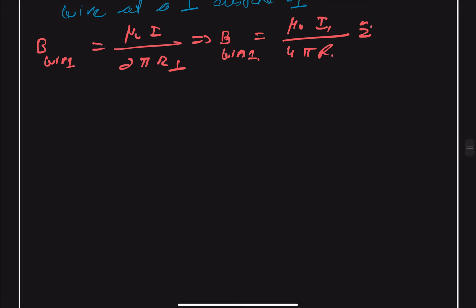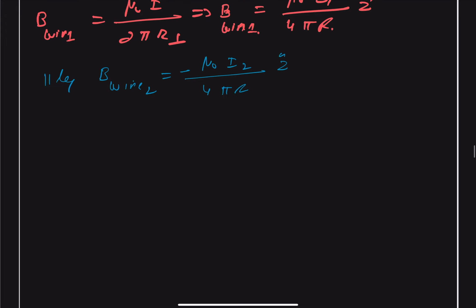So we can say, similarly, because of wire 2, this will be mu naught I2 upon 4 pi r, and this comes as z unit vector, and this is a minus. So total field in the z direction.